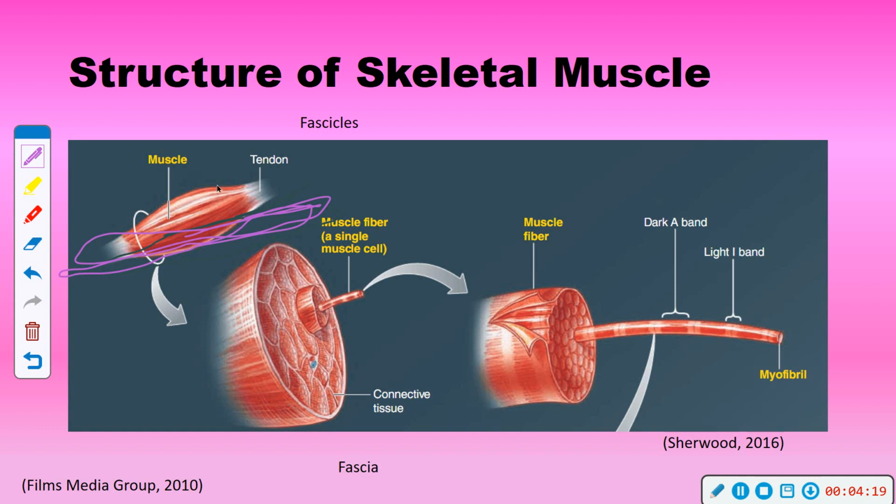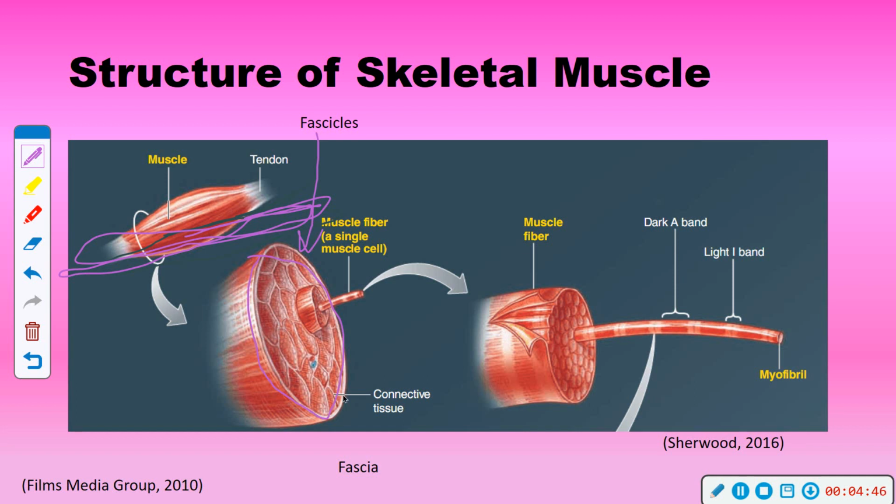And so the whole system is a muscle. But if I look inside of that muscle, you have this entire tube-looking particle here, and that is a fascicle. So this is the entire large, rounded piece of the muscle.